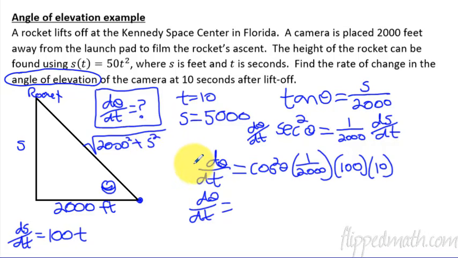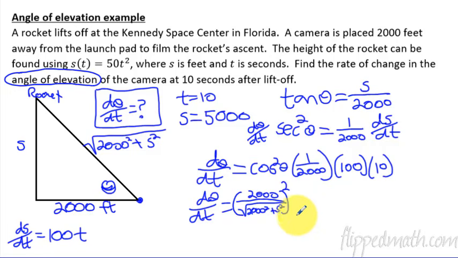So cosine theta, remember it's cosine squared, so I'm going to write this with a squared. We have a fraction, and it is adjacent, which is 2000, over hypotenuse, which is the square root of 2000 squared plus s squared.